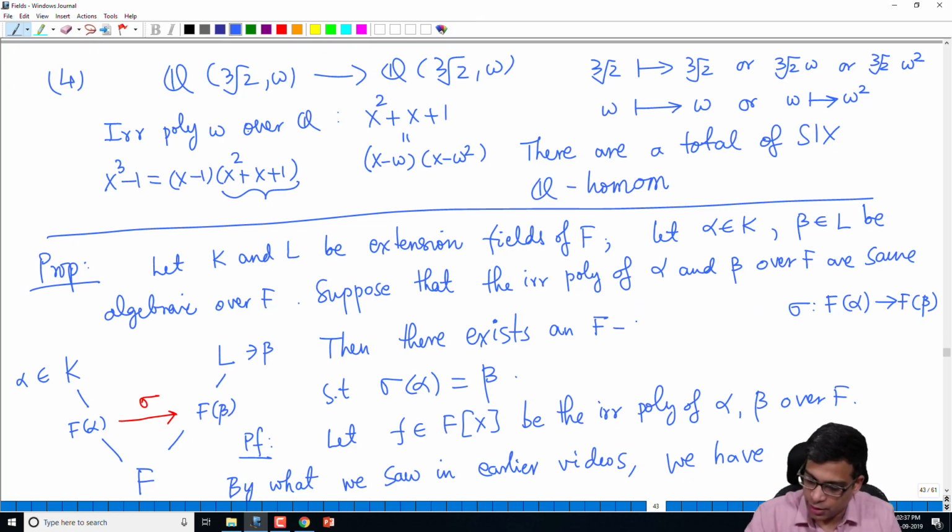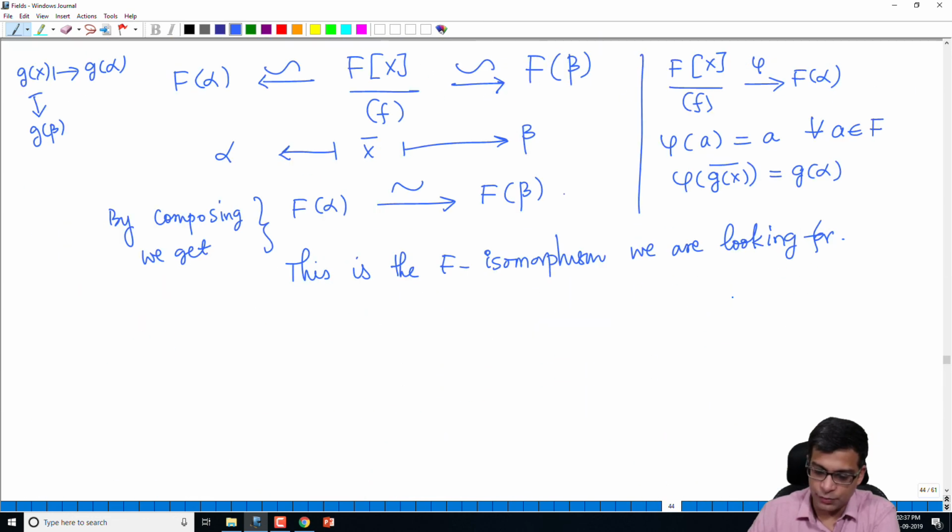The proposition is better than this. There is an F isomorphism. I haven't technically talked about F isomorphisms yet before, but this is exactly the same concept as F homomorphism. An F homomorphism is a field homomorphism which fixes F pointwise. An F isomorphism is simply a field isomorphism, that means it's an isomorphism of rings which fixes F pointwise. So this is the F isomorphism we are looking for.